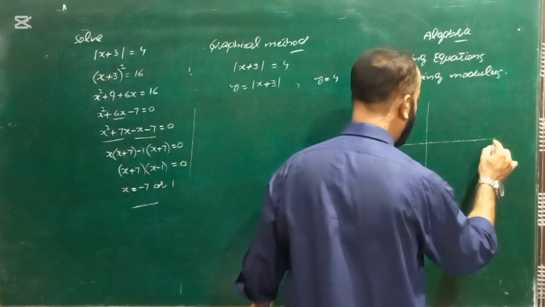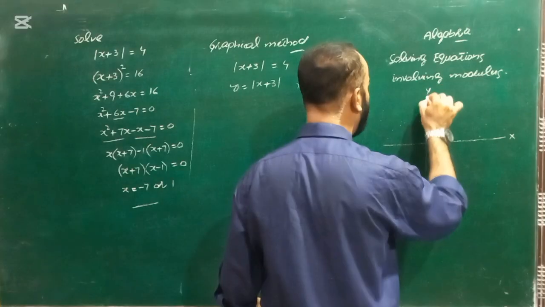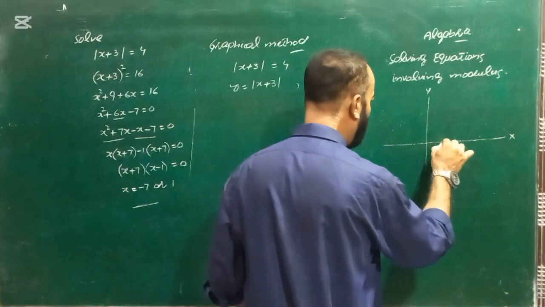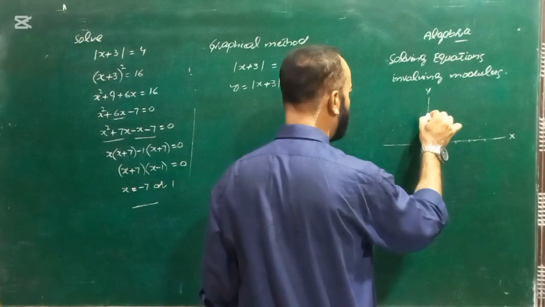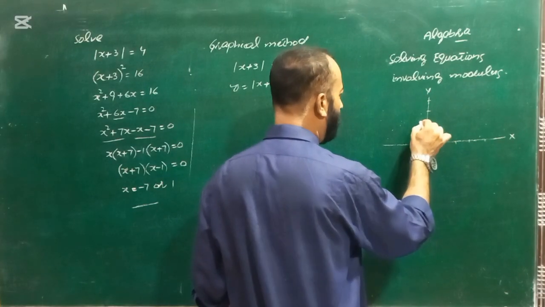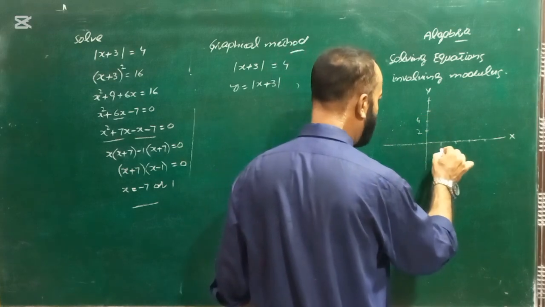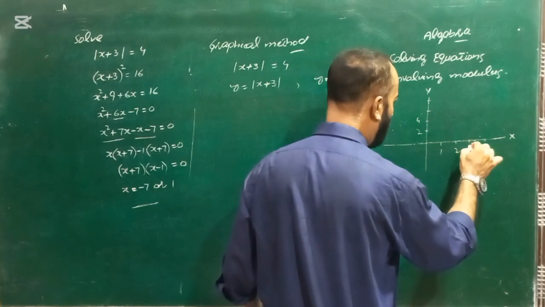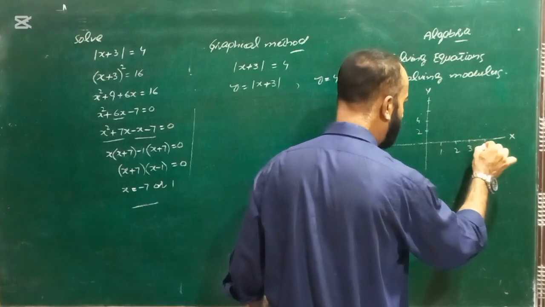So here is the x-axis, here is the y-axis. So 1, 2, 3, 4, 1, 2, 3, 4. So we have taken 2 for 1 unit on the y-axis and 1 unit on the x-axis.